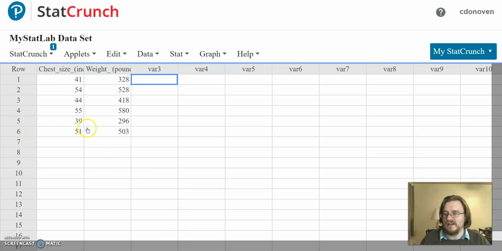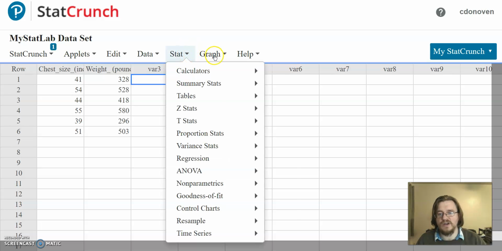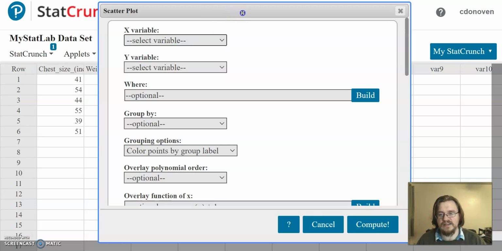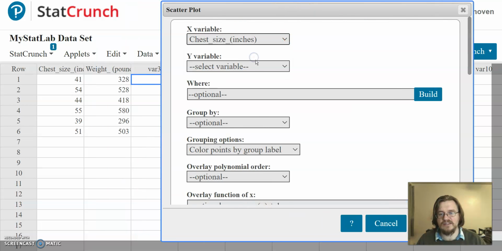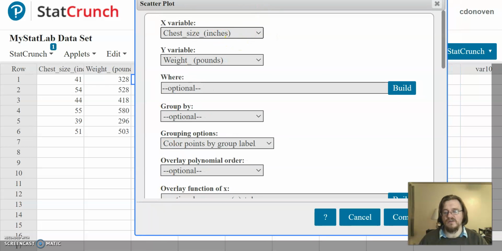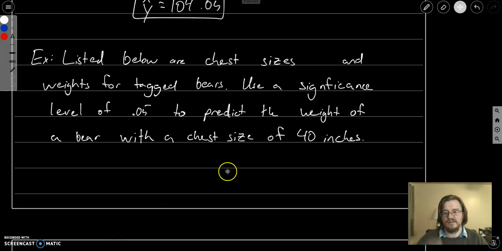So we've got 6 bears that were tagged and measured, and we have the chest size and the weights all here. So to start with, I think it's nice to just look at a scatter plot to visualize the data. So we'll look at the chest size and the weight. Again, we are given the chest size and we want to determine the weight.